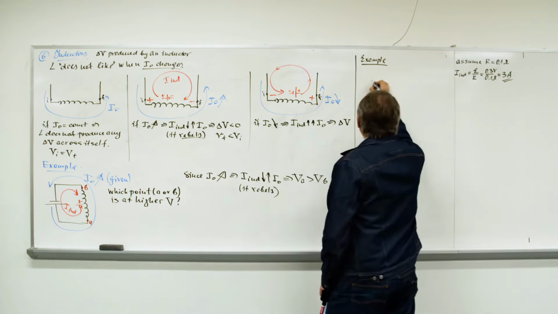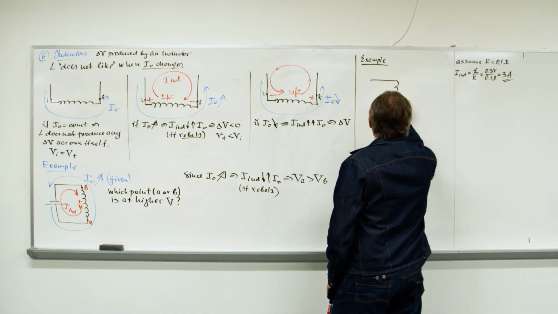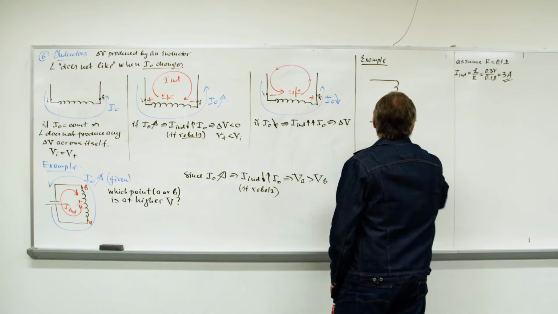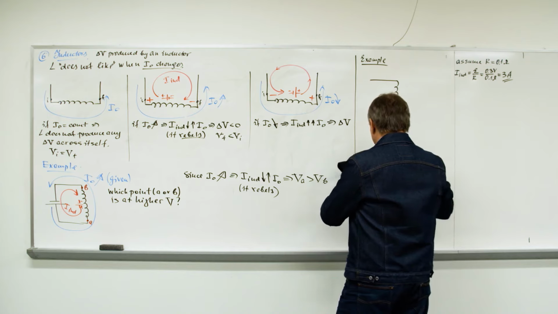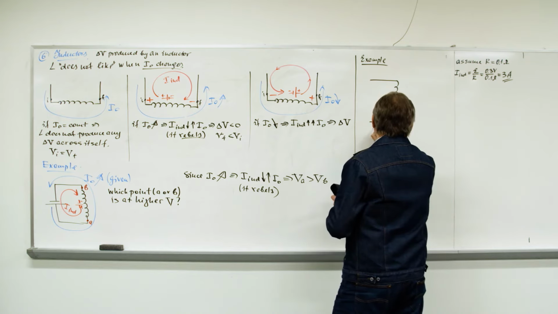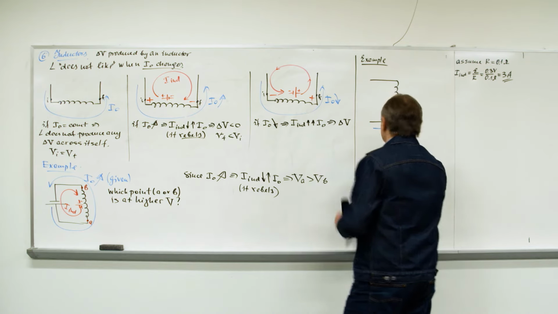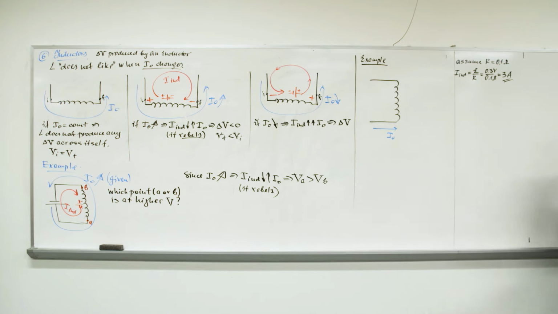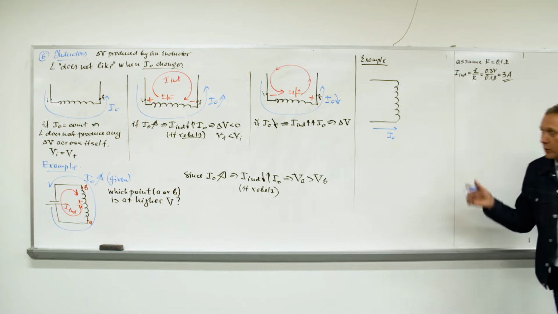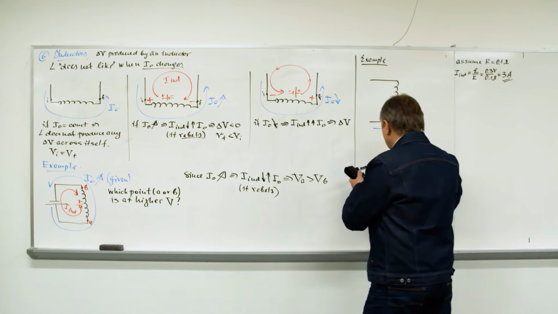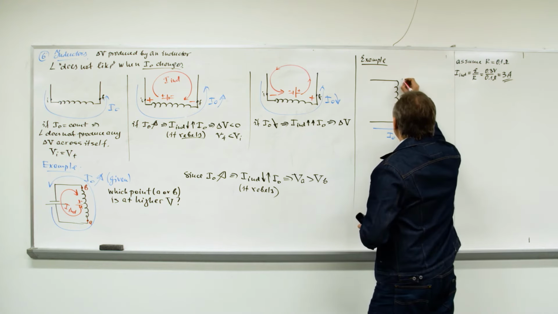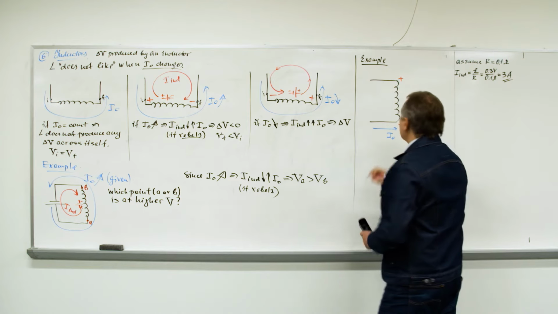So let's assume that we have an inductor, right? And we know the direction of the original current. So let's say this is I naught. But we don't know what happens to this current. But we do know that the electric potential at the end of the solenoid is plus, and over there minus.